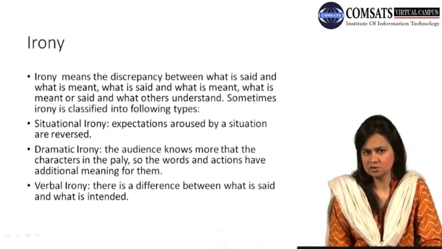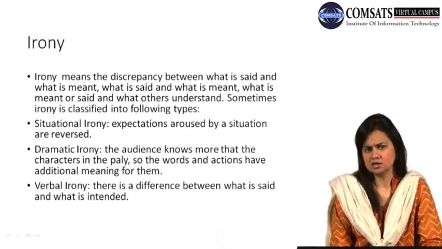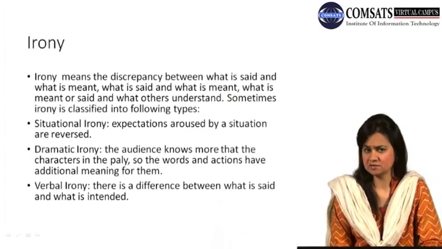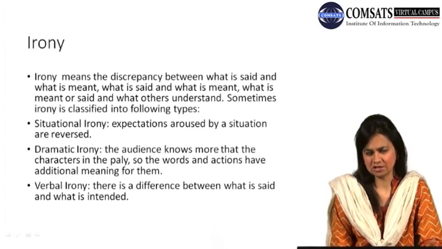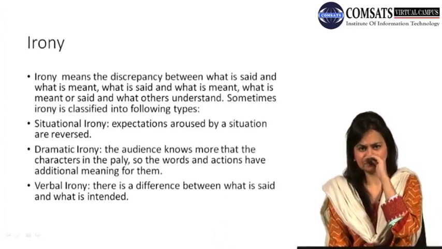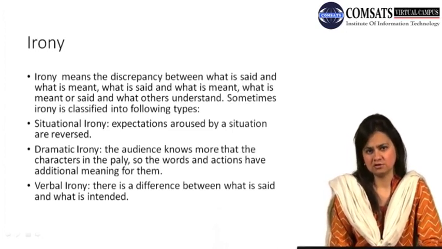And Elizabeth also replies to that comment, saying that Darcy would be the last man on earth whom she could ever be prevailed on to marry. So when she says that Darcy is the last man whom I could ever be prevailed on to marry, that statement is also termed by the reader as an example of verbal irony, because what she is saying now is what she would change later, and he would be the only man whom she would ever like to be married to, or would give approval for marriage.